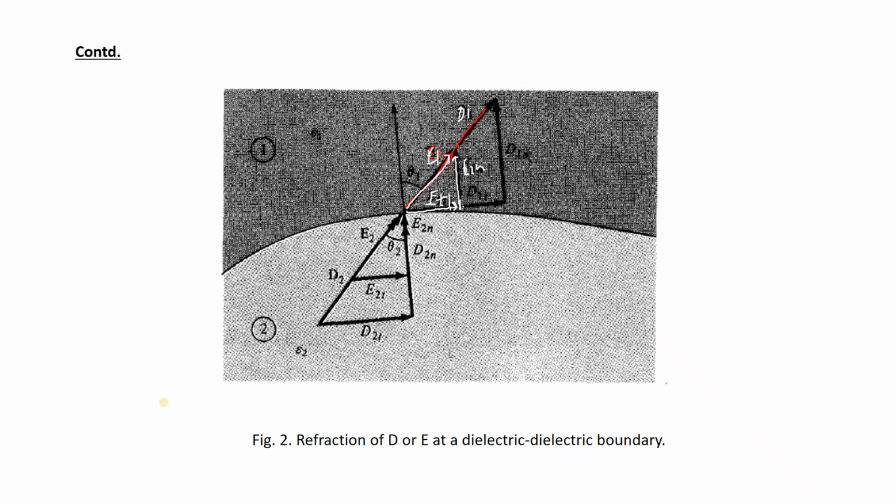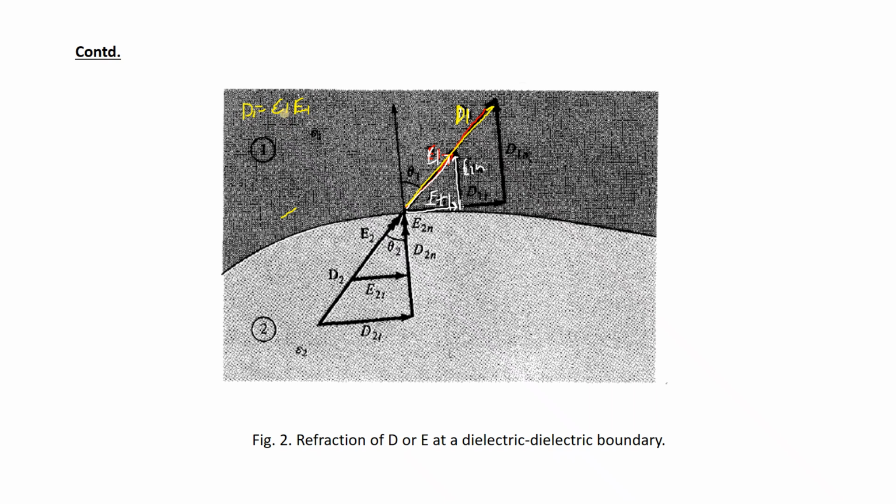So this is E1 only. If I take the entire length, suppose the total one is D1, because we know that D equals epsilon 1 E1.